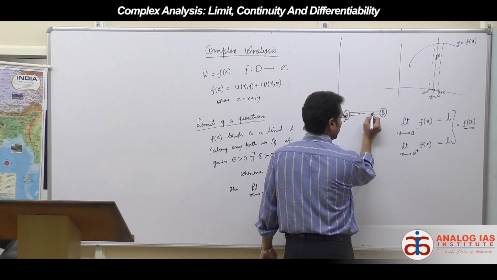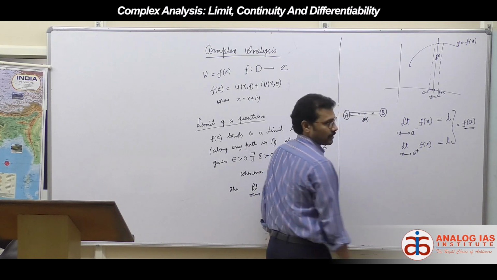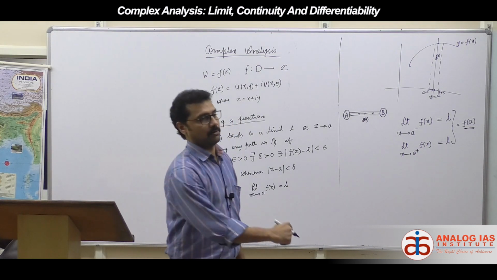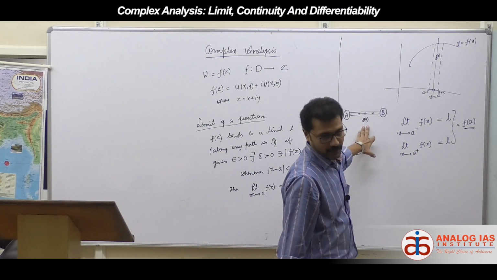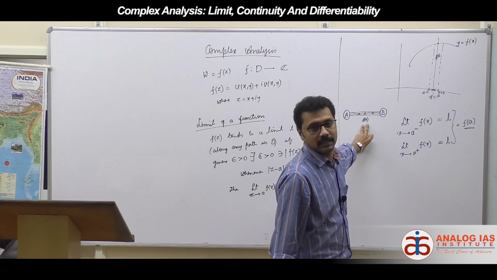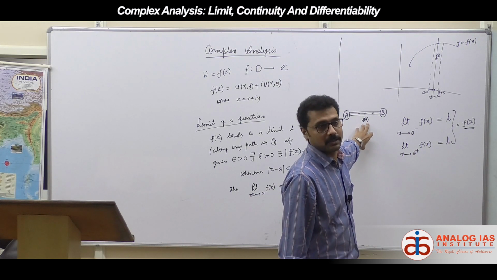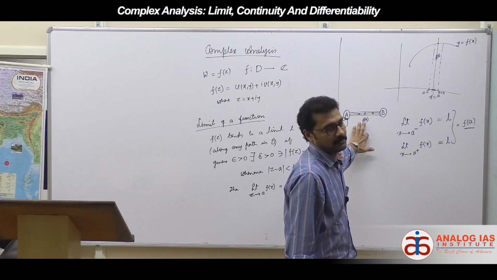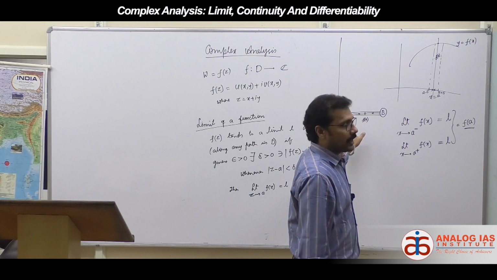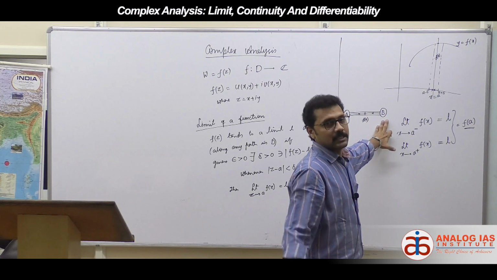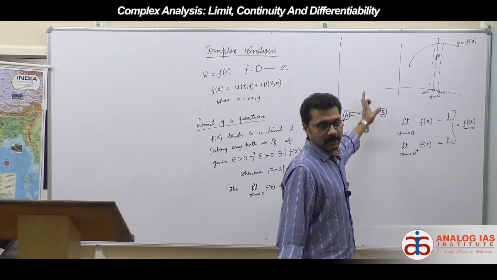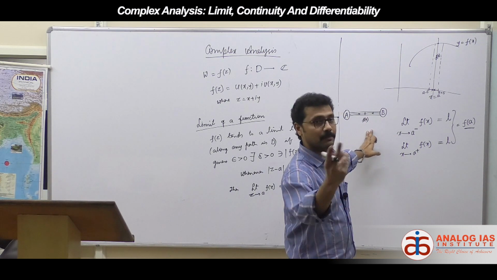Both of you meet on the road, at f of A. Then definitely I can say there exists a continuous road, continuous curve between A and B. That means left hand limit equal to right hand limit equal to exactly f of A. There is another possibility.